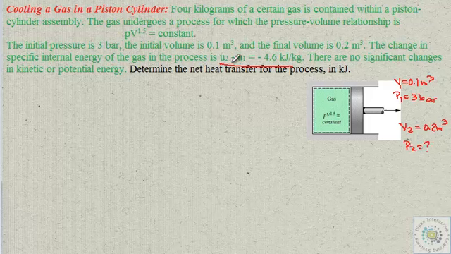And we also know that U2 minus U1, or actually delta U in this case, the change in internal energy, is negative 4.6 kilojoule per kilogram. The mass we are given is 4 kilograms. We are looking for the net heat transfer of the process, meaning heat involved.